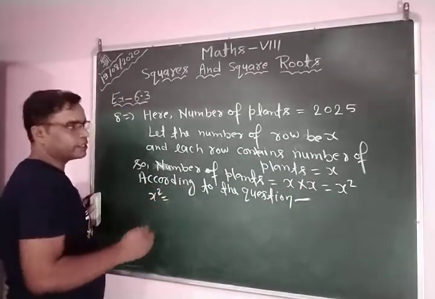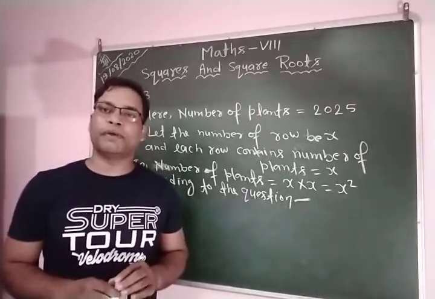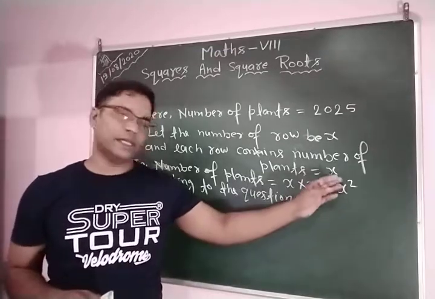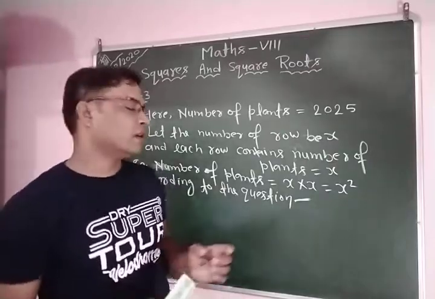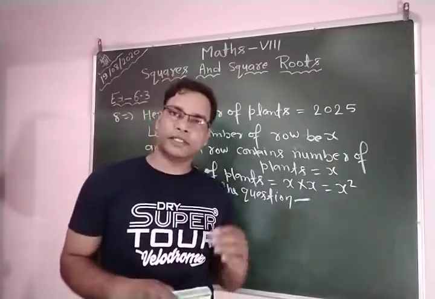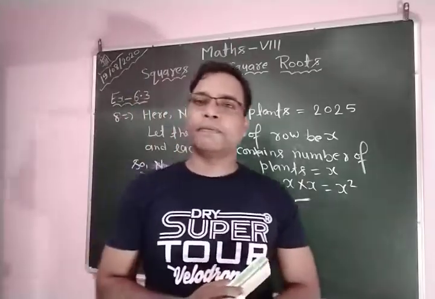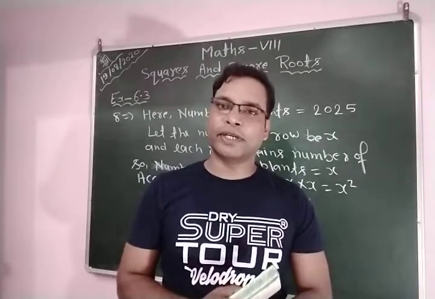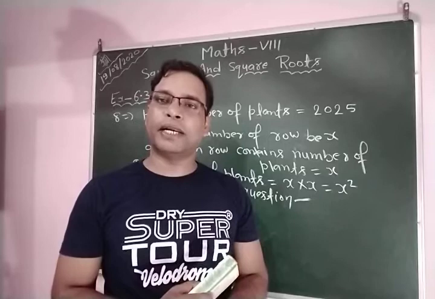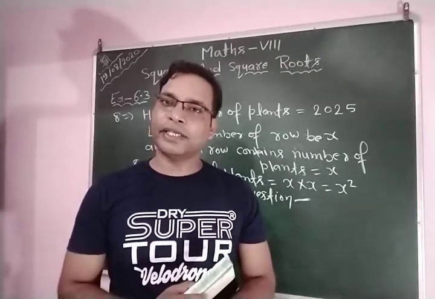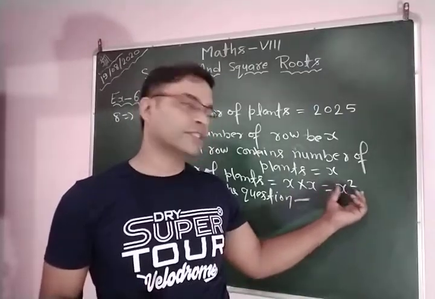We let the number of rows in the garden be x and the number of plants contained in each row is also x. So the total number of plants in the garden is x into x, which is equal to x square, because you know the area of a square is side into side. So here the number of rows we let be x, and the number of plants in each row we also let be x. So x into x is the number of plants in the garden, equal to x square.